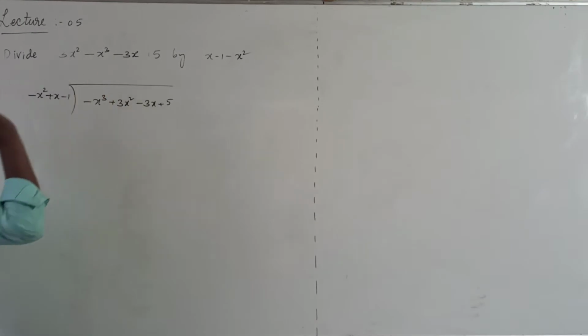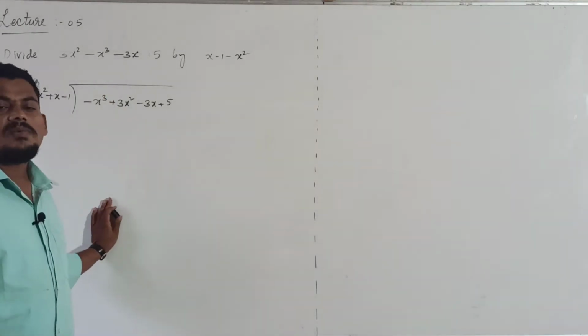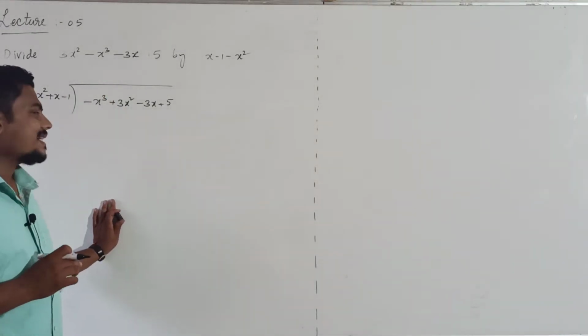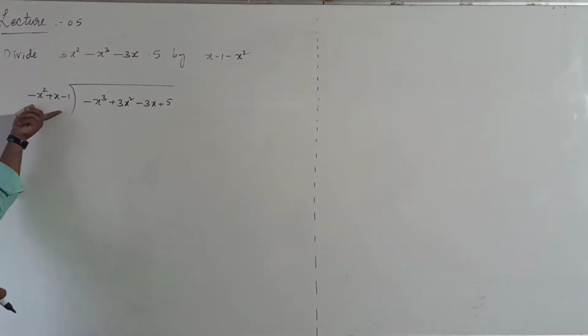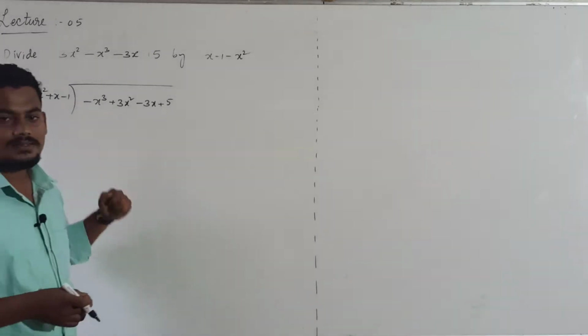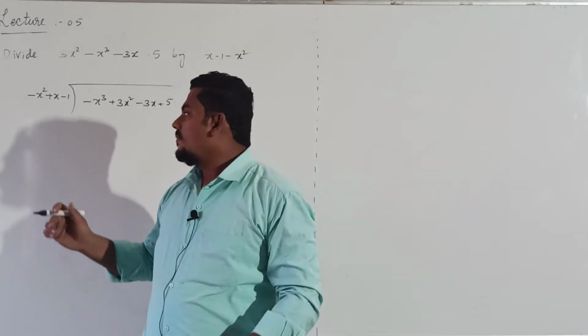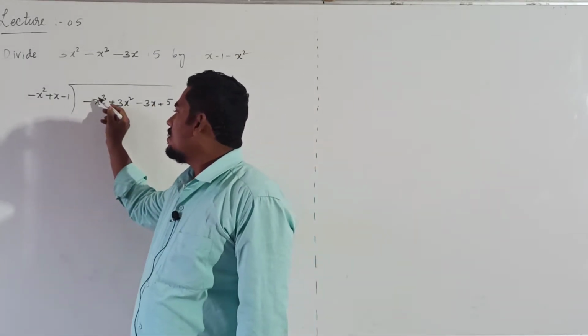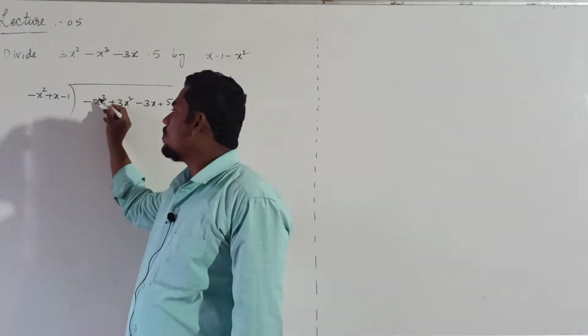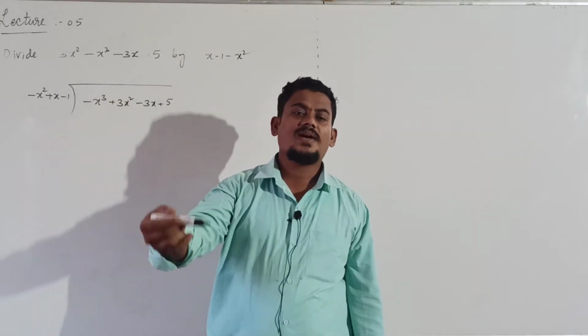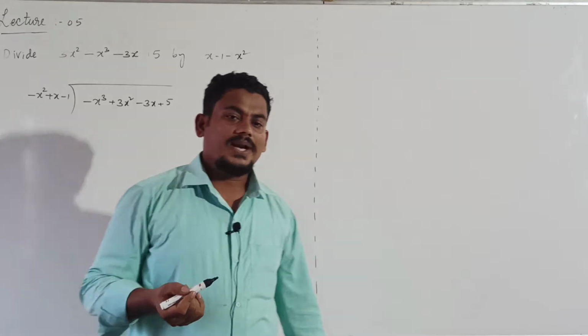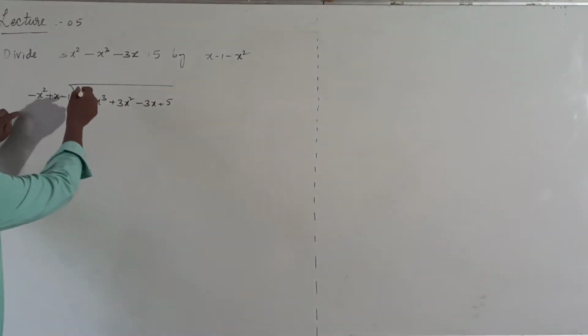Just concentrate on the first term. For getting minus x cube, which term do we need to multiply for the divisor?